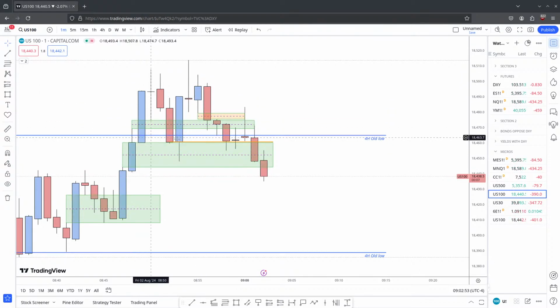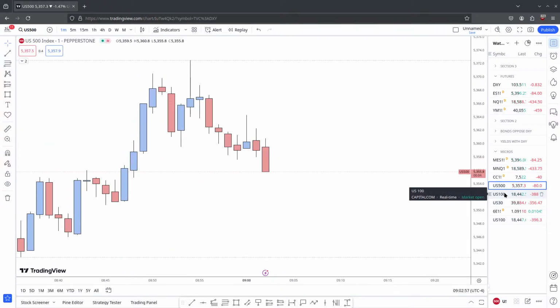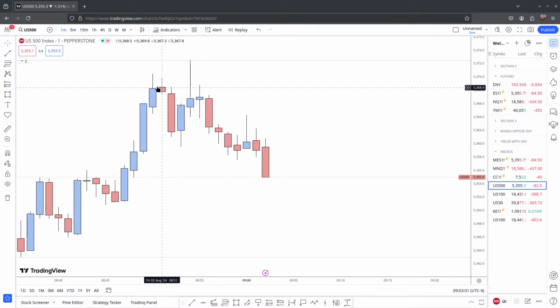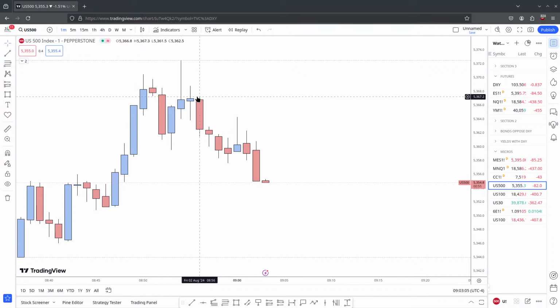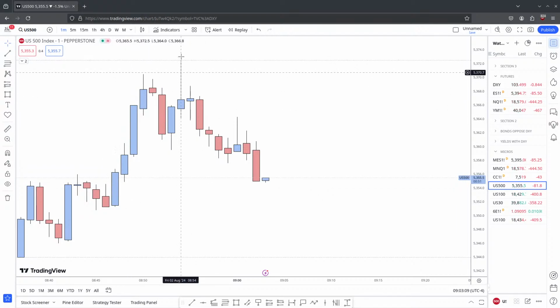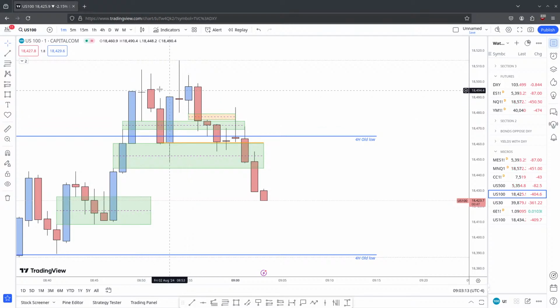Really messy order block here. Look at the candle bodies here. Notice these candle bodies are lower than this, even though the wicks are trading higher. Notice on US 100, the candle bodies are actually higher than these ones here.